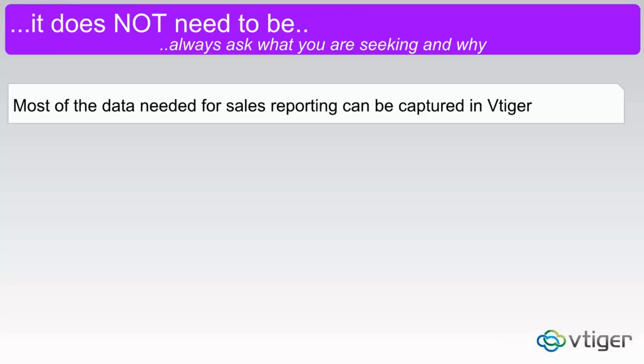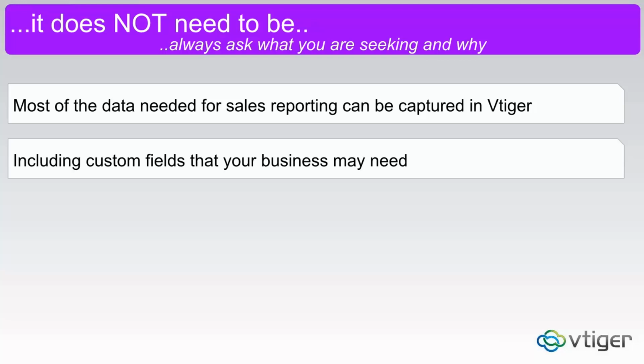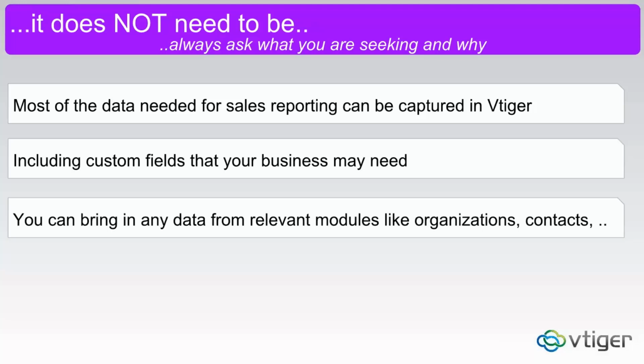Because in Vtiger, most of the data needed for sales reporting can be captured in the CRM, including custom fields that your business may need. You can bring in data from relevant modules like organizations, contacts, etc., because most of the information pertaining to sales is contained in opportunities.